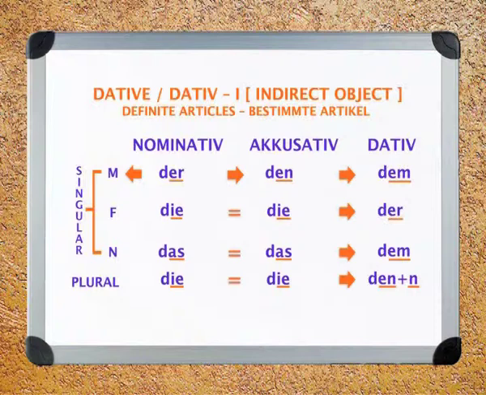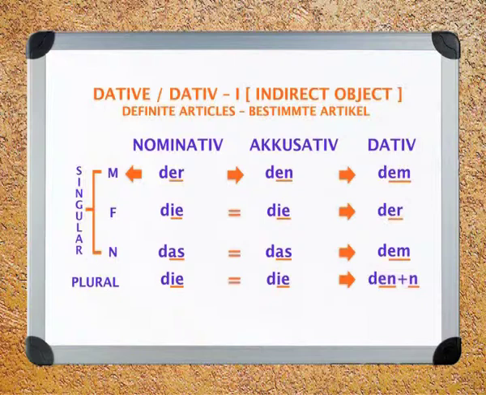So, as you can see, which I have marked, the change is happening for all the articles in the definite article concept. If you see the ending, er becomes em in the case of masculine gender, ie or die in accusative becomes der, das becomes dem, and die becomes den.